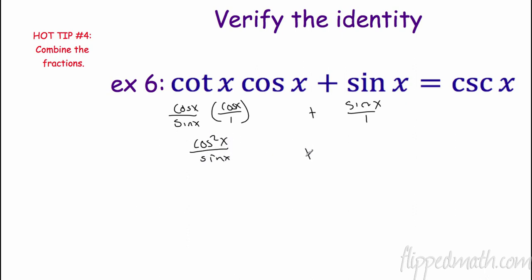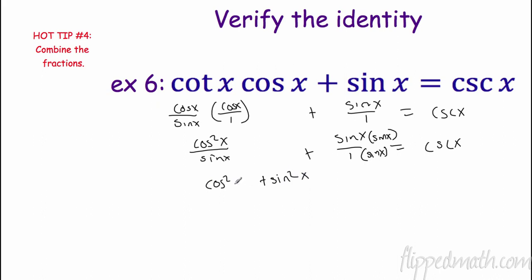We're multiplying, plus sine x over 1, and we want to keep in mind we want to get to cosecant x. All right, now I don't always write this on the other side, and I apologize. That's just me being lazy. All right, so if I want to get a common denominator to add these, I need to multiply this by sine x. So I have to multiply sine x on top and bottom. So now I have cosine squared x plus sine squared x. That's on top. We have a common denominator of sine x. So that goes on the bottom.